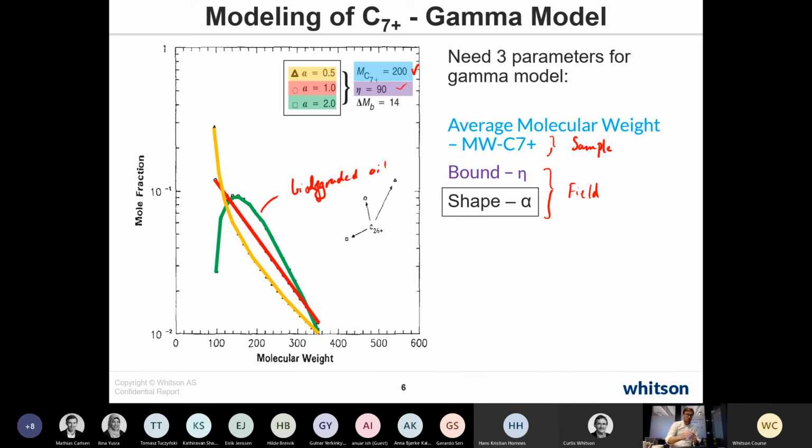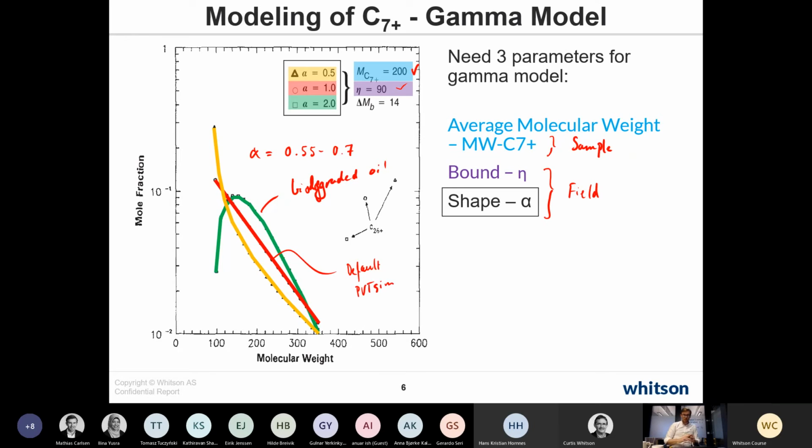We can mention that for those of you who are working on conventionals, we have found typical alphas, depending on what field you're in, maybe between 0.55 to 0.7. The straight line here is what's default and the only option you can use in, for instance, PVTsim.